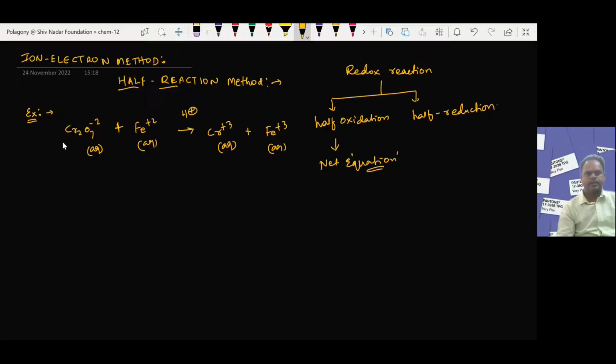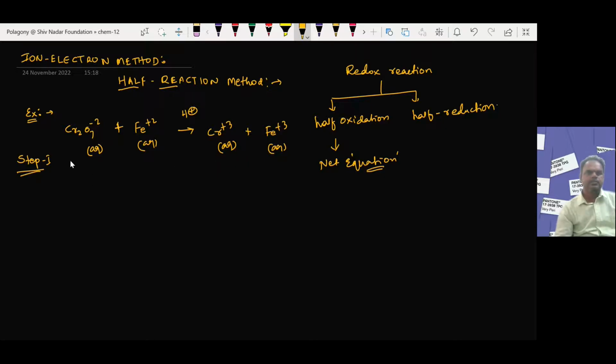As usual, we should follow the steps. Step 1: once the equation is given, write the formulas of the species taking part, the formulas of the reactants and the products. We should write the correct formulas.